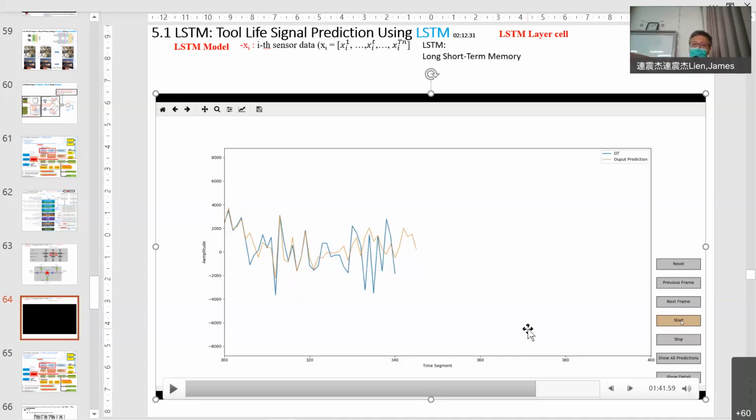Kalman filter is prediction. LSTM is prediction. RNN is prediction.